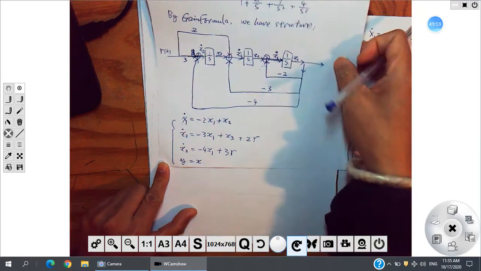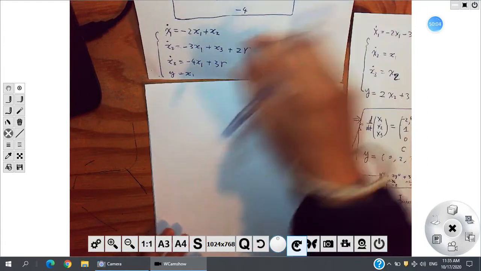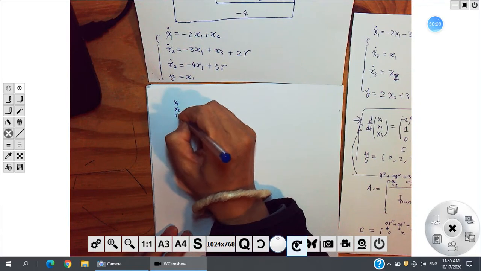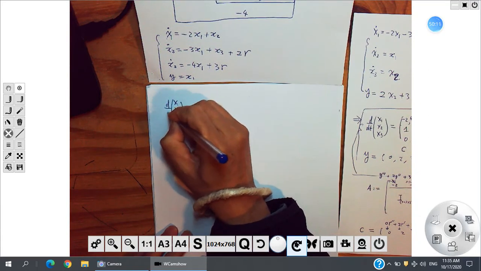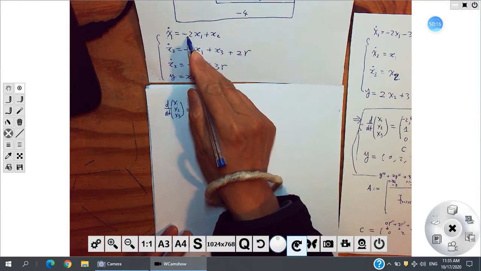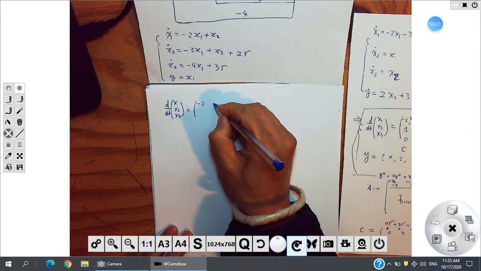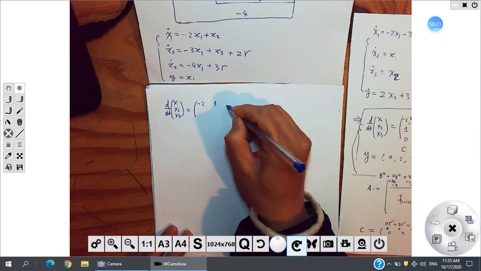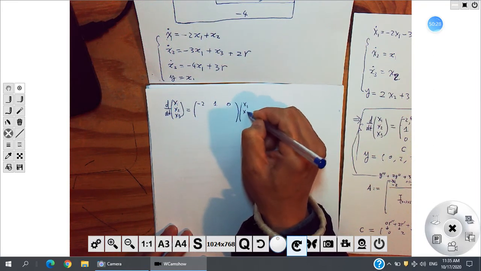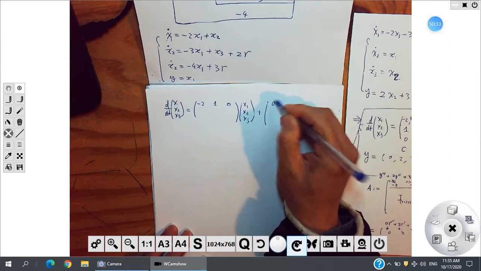Now let's write it in matrix form. It is x1, x2, x3 take derivative equal to. Here's a -2 and 1. So this is a -2 of x1, 1 of x2, no x3. Here's x1, x2, x3, and plus no r. Okay.